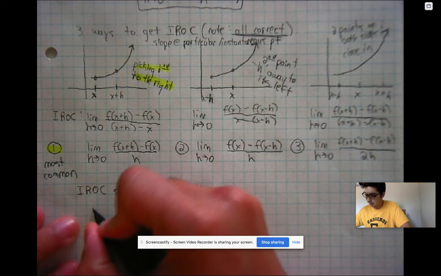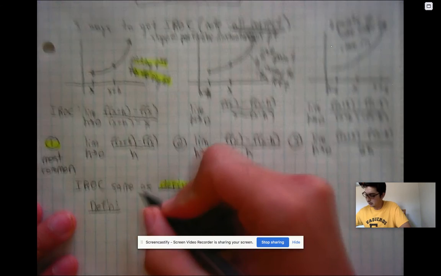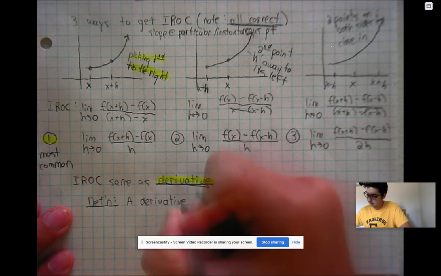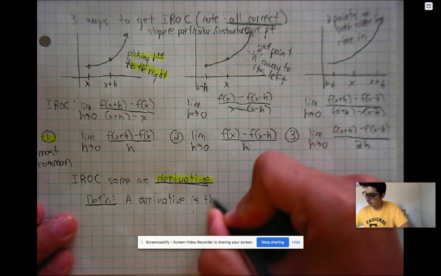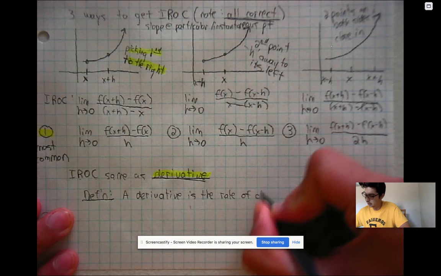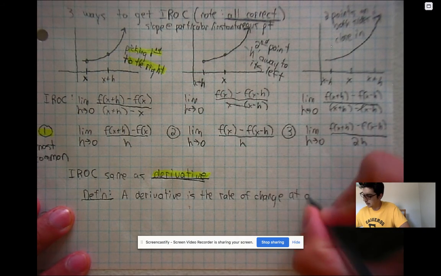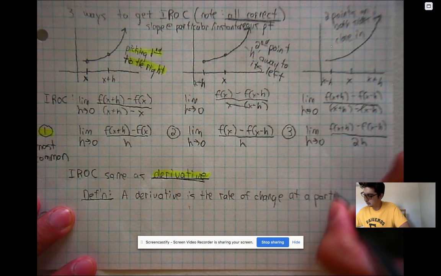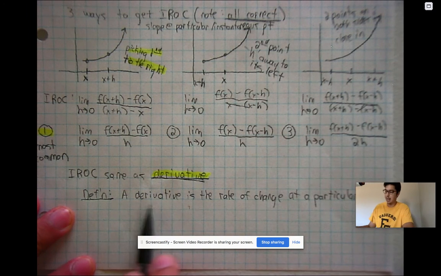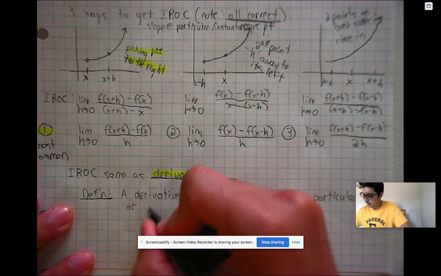So the definition of the derivative is the rate of change at a particular point, if that's the derivative at a point, or it's the derivative.